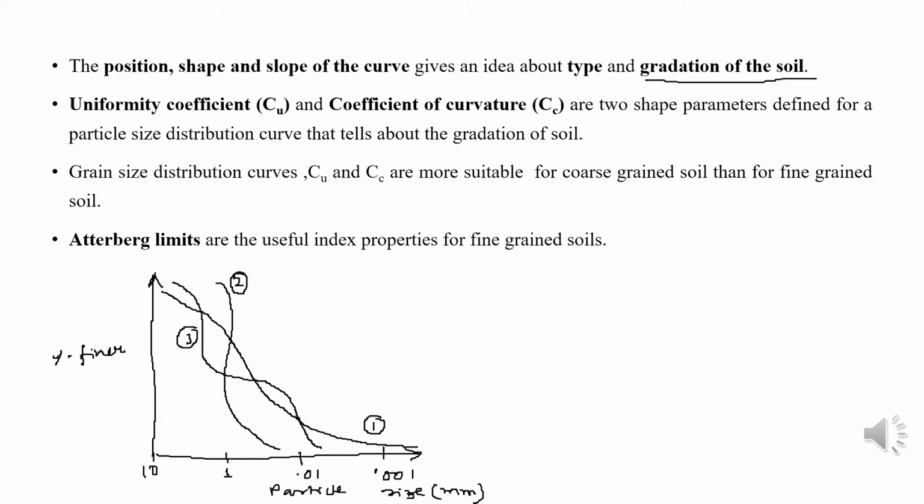So if a curve is situated more higher up and towards the right, that is, as the particle size is decreasing towards the right, and higher up means that more particles will be finer than a particular size considered on the graph.